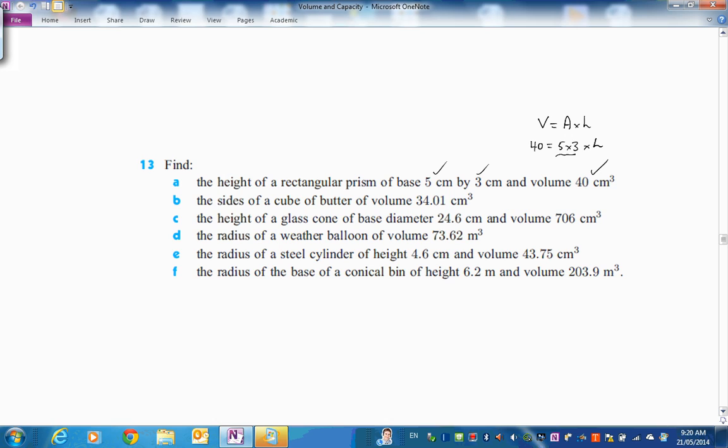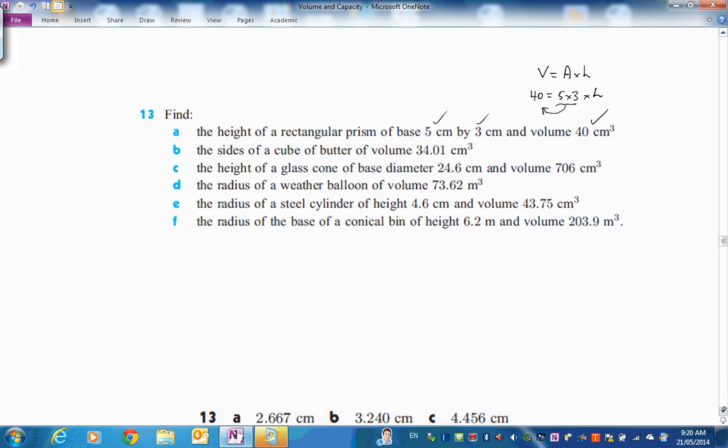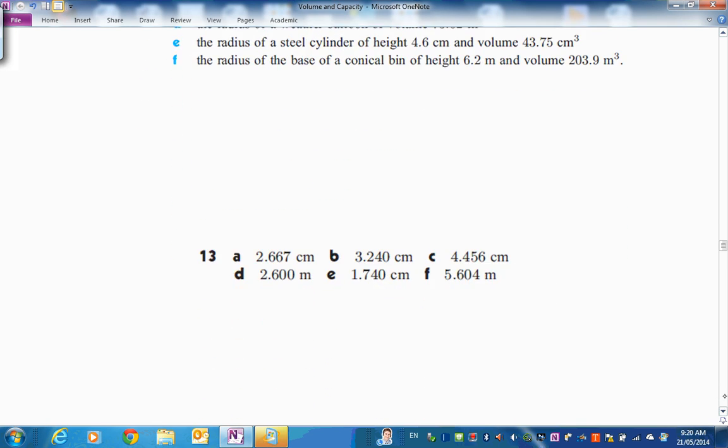I don't think it's too much to ask you to divide both sides by that and find the height. Okay, have a go at each of those. They're all ones where you know the volume and you're working back to find some dimension that's missing. Alright, let's keep going. We've got some interesting stuff coming up still. There are the answers to those questions above.